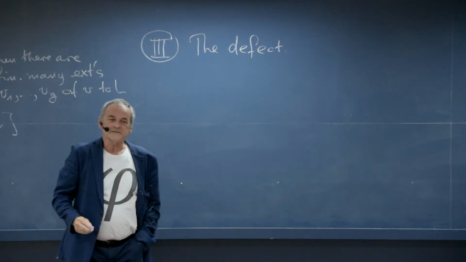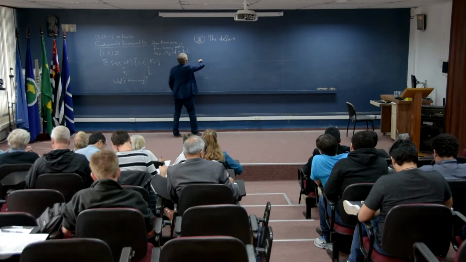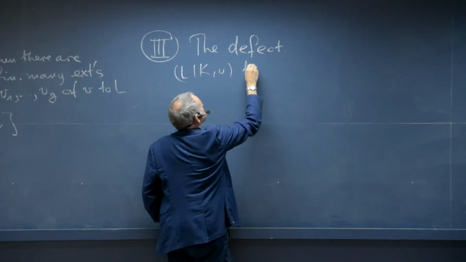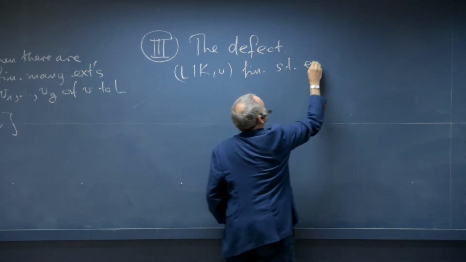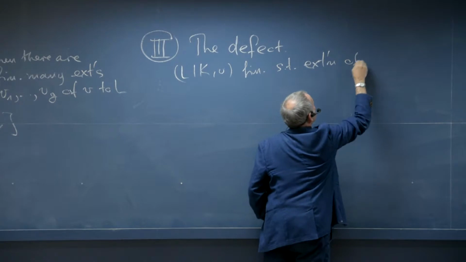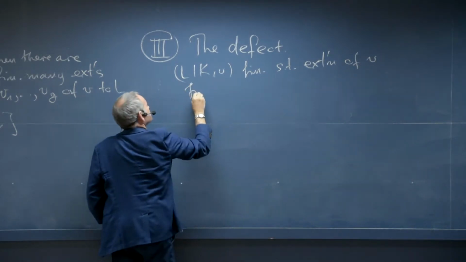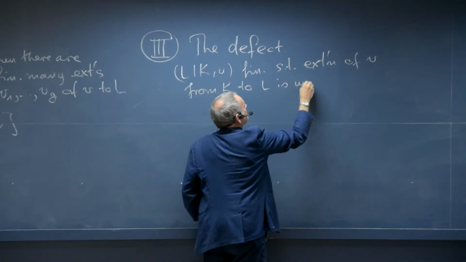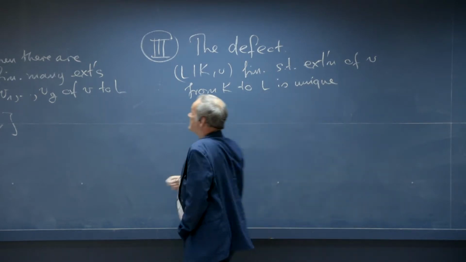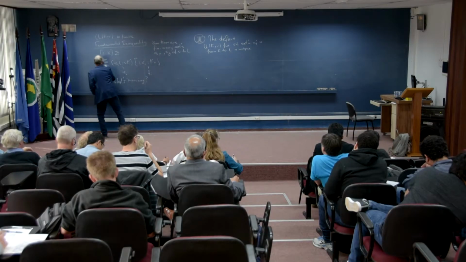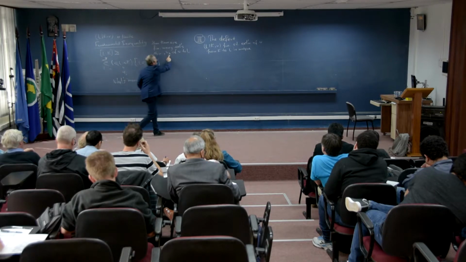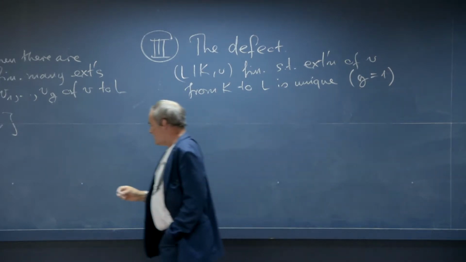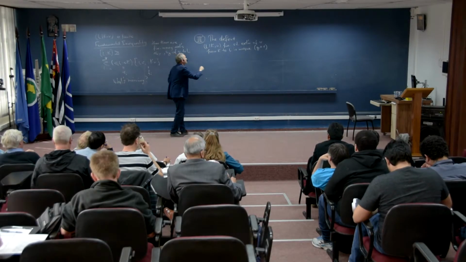Let's look first, to work out the defect, at a finite extension such that the extension of V from K to L is unique. So this here was from 1 to g. In other words, g is equal to 1.